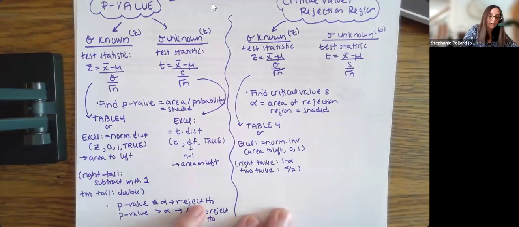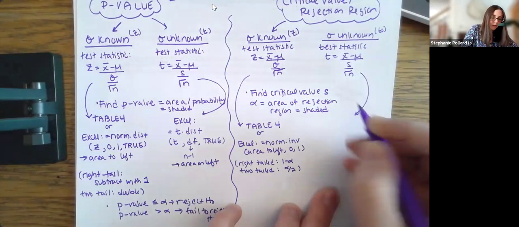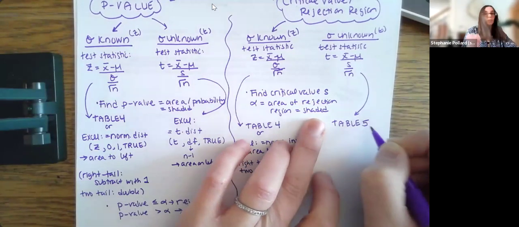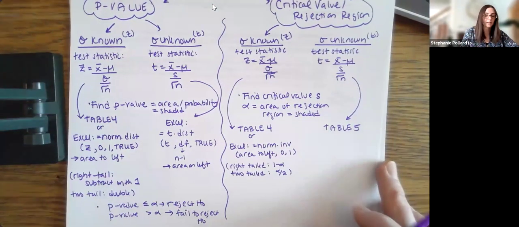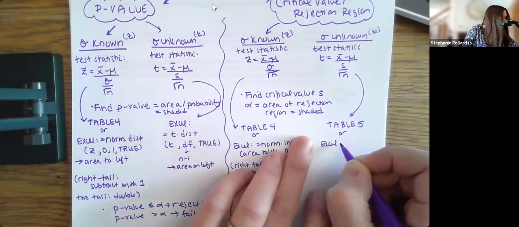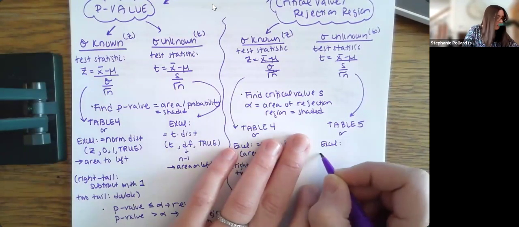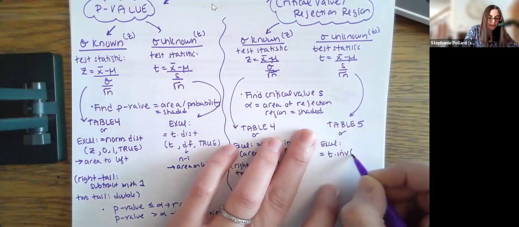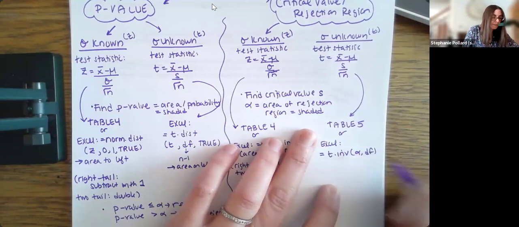Now, if you're doing your t's, you're going to use table 5 here. And actually, table 5 is really easy to use in this scenario, so I do recommend table 5. But you could use Excel as well. If you're using Excel, the formula is going to be T.INV. You give it the alpha and the degrees of freedom.